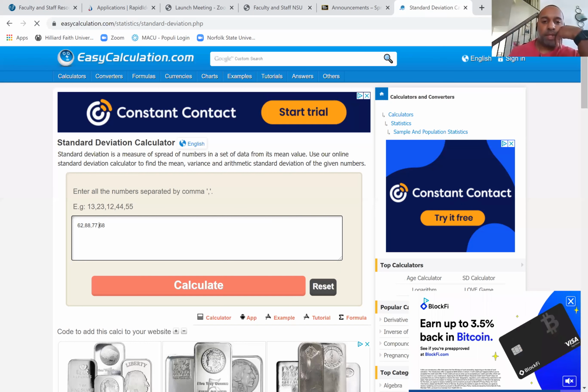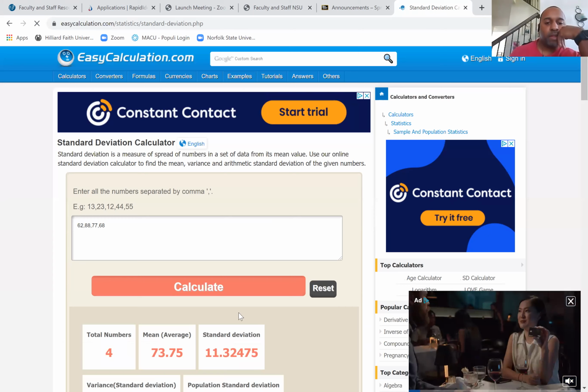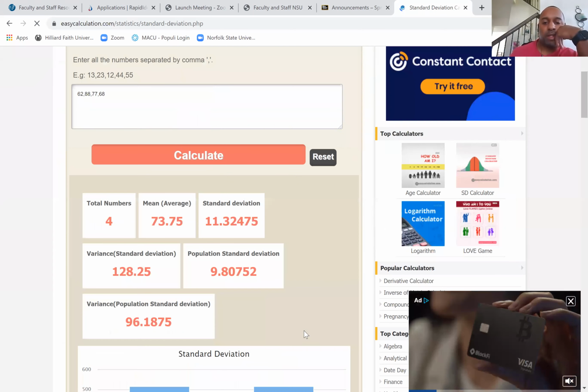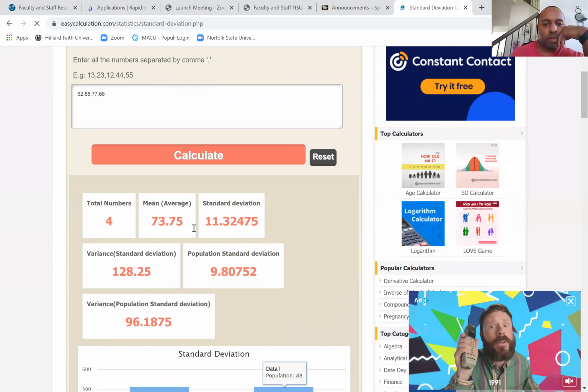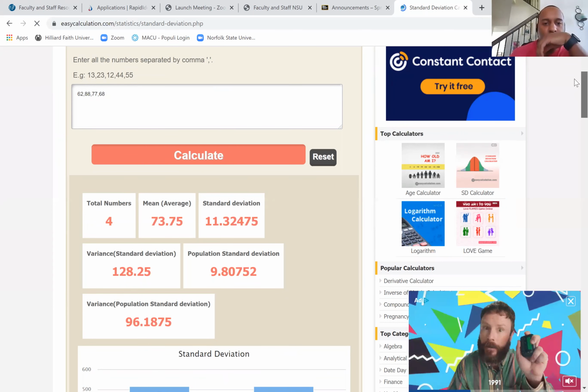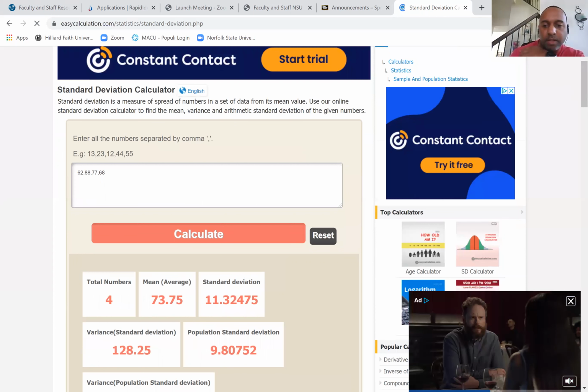Just typing in the data values and hitting enter or hitting calculate. And there you go.